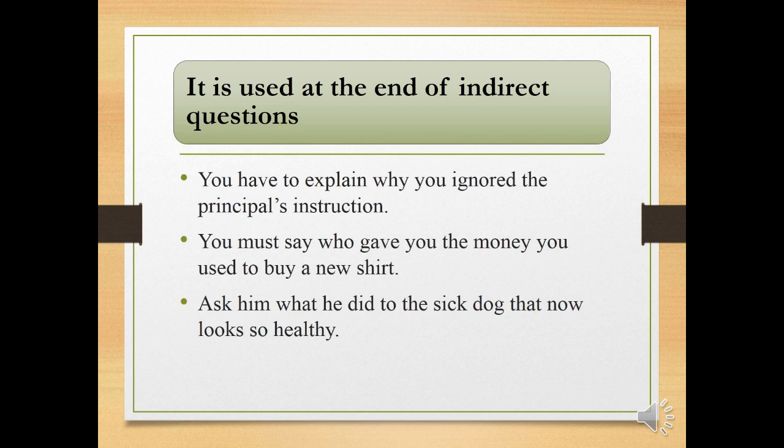The last sentence is the same. What he did to the sick dog that now looks so healthy. So these are supposed to be questions, but they are converted to sound like just mere statements, and that is why they are regarded as indirect questions, and therefore wouldn't need to carry the question mark.